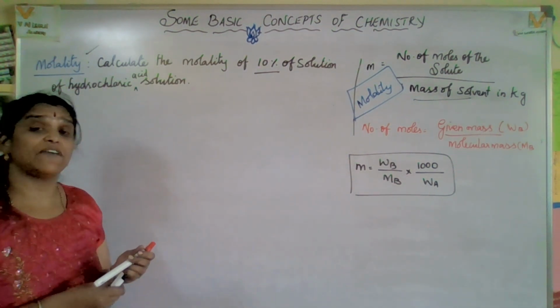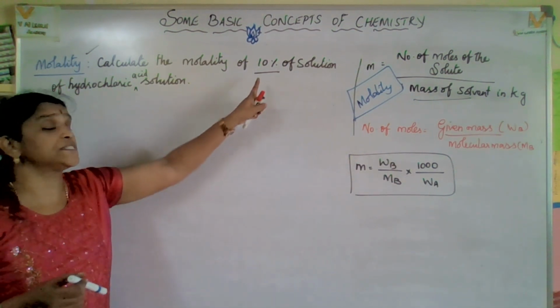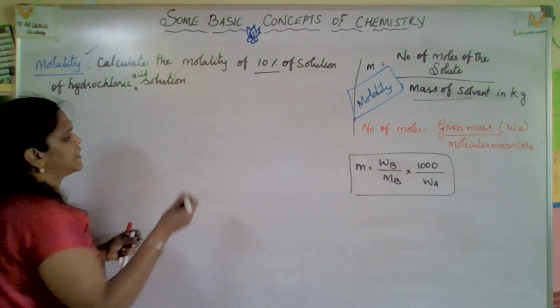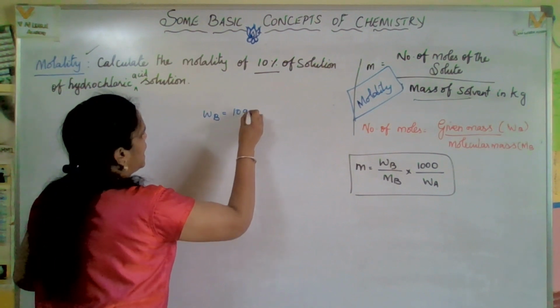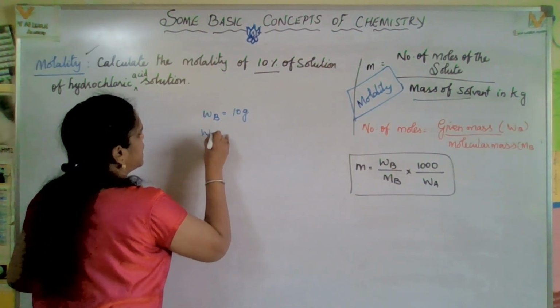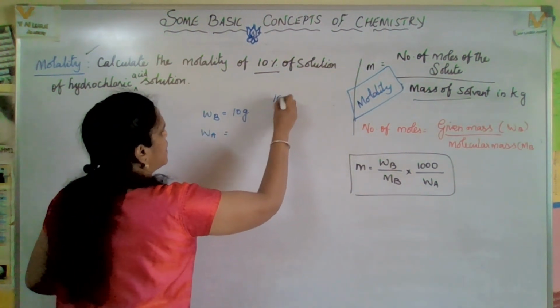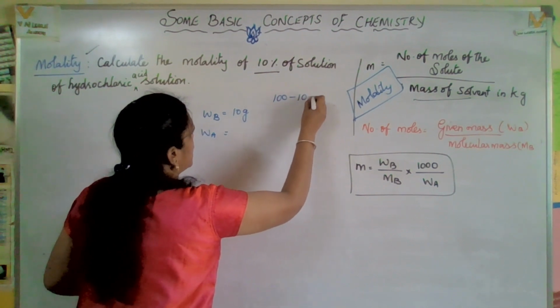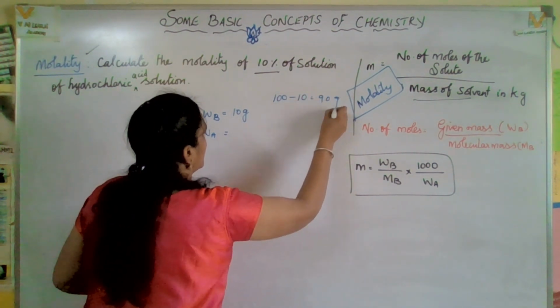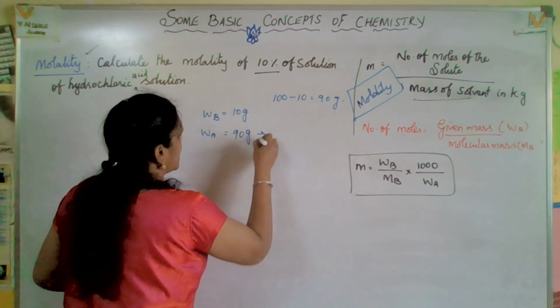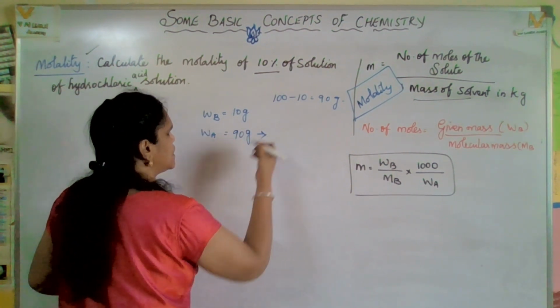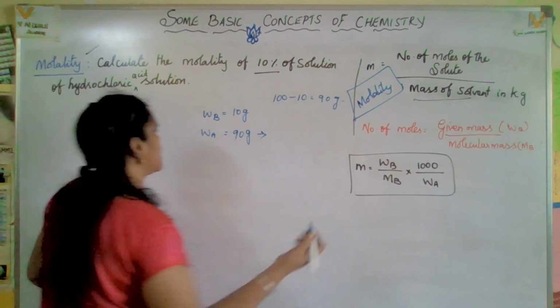That means the given mass of the substance is 10 grams. So WB equals 10 grams, and WA is 100 minus 10, it is 90 grams, right? So in kg, that is 0.09 kg.